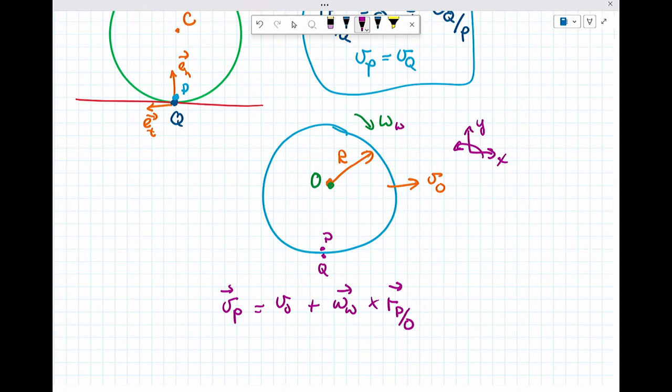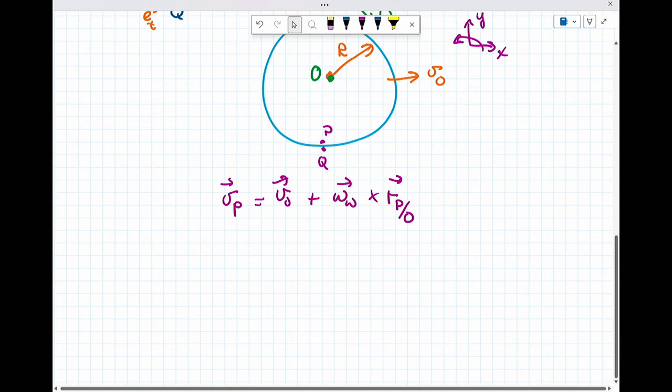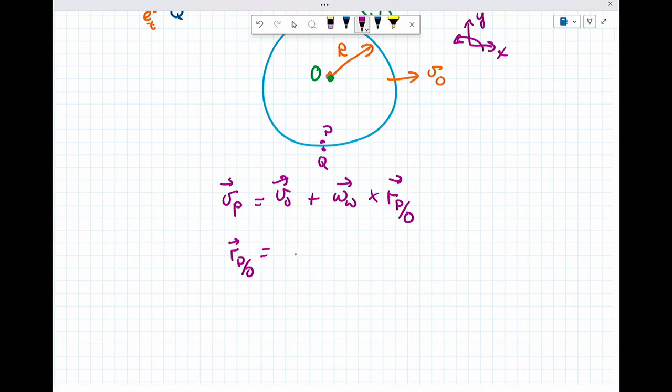So if you're looking at a situation like this where you're saying, oh, hey, I want to know what the velocity of point P is, I can say, well, it's the velocity of O plus omega of the wheel crossed with RP with respect to O. So velocity of O I know, but RP with respect to O is equal to minus Rj.